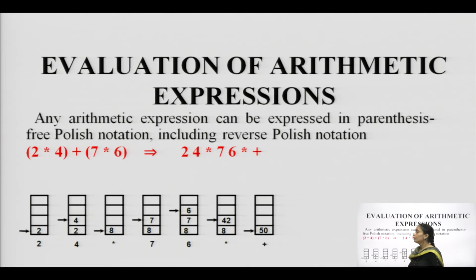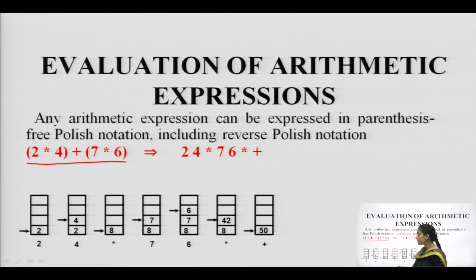Then, evaluation of arithmetic expression: how my stack organization plays a very important role in solving a normal arithmetic expression. I will firstly be converting any arithmetic expression into reverse Polish notation, then I will be using the stack.